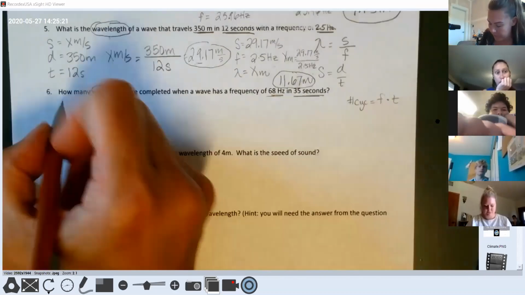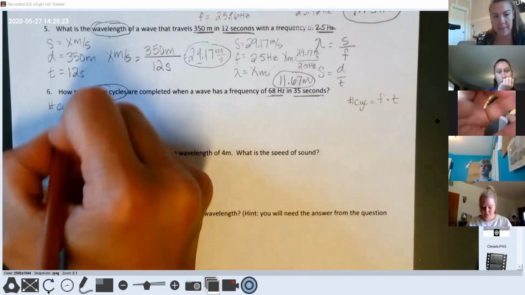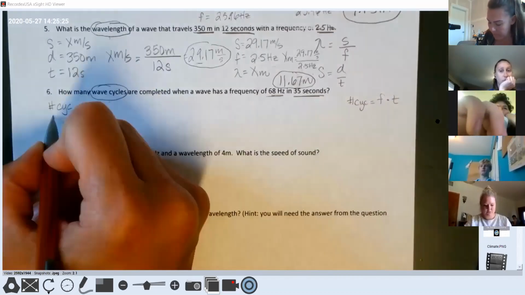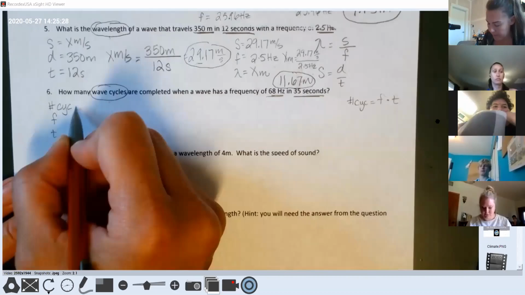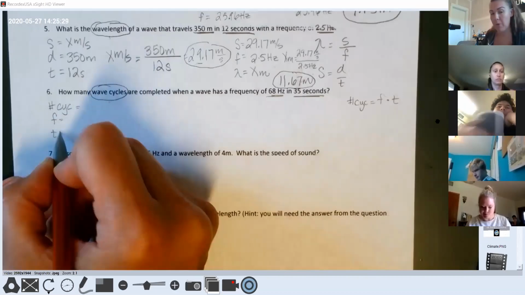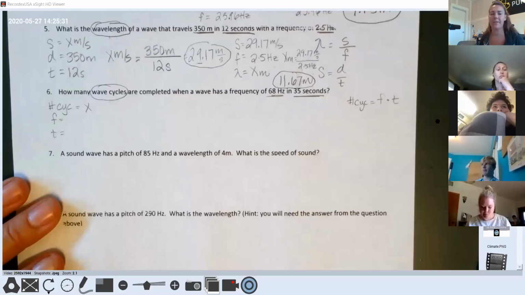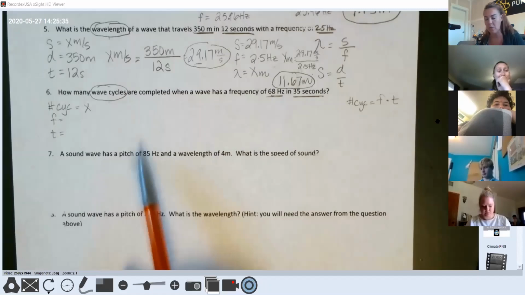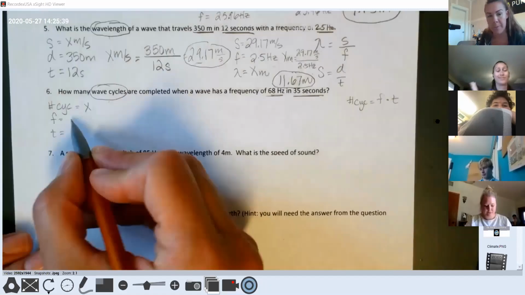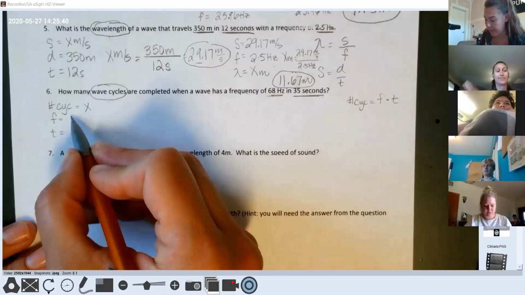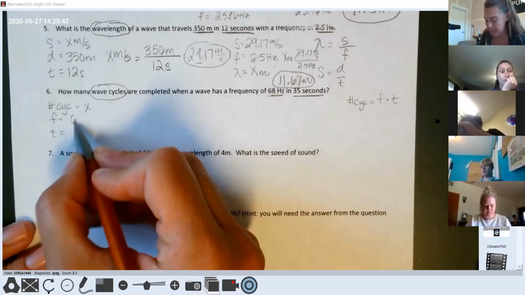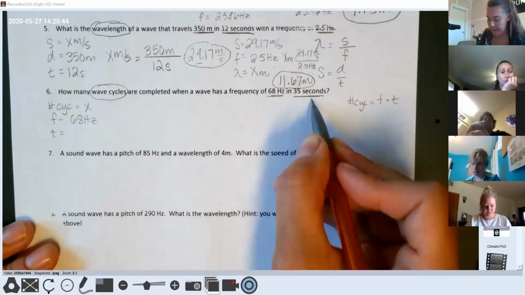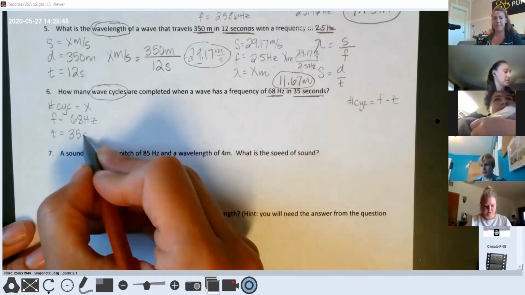So for the sake of continuing this process, I'm going to write down my variables. This is what I'm looking for. And remember, it doesn't have a unit. So in this case, it's just going to be X. And then later I'll add cycles to the end of it when I find the answer. Frequency is 68 hertz, and time is 35 seconds.